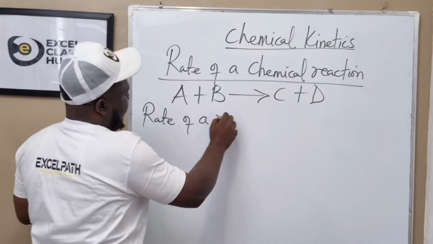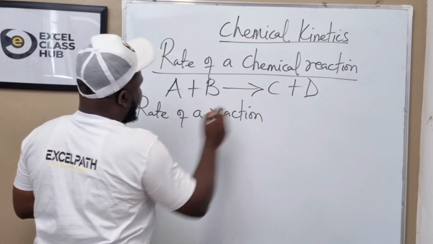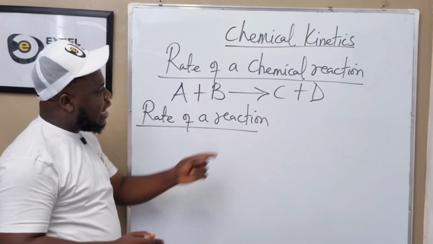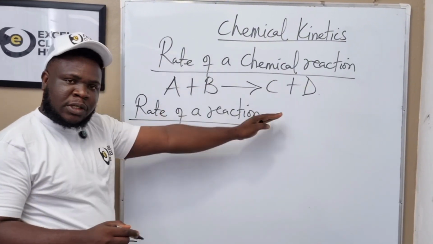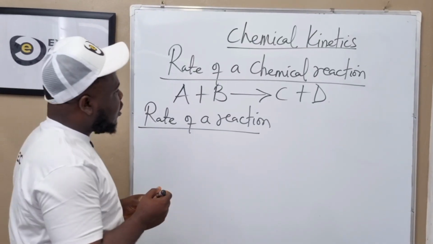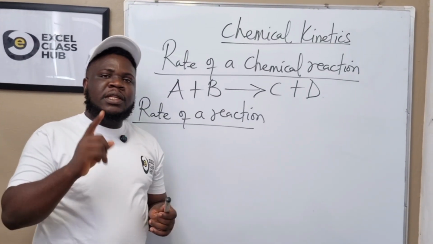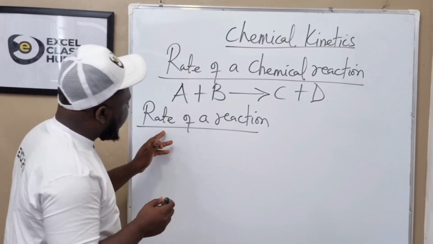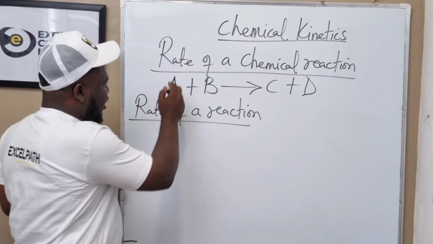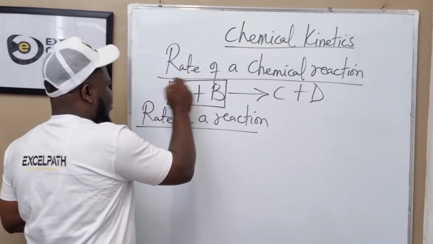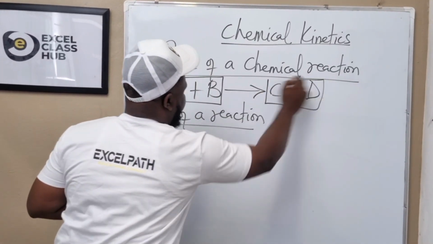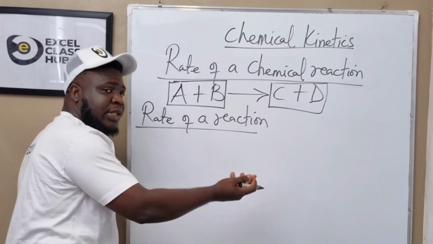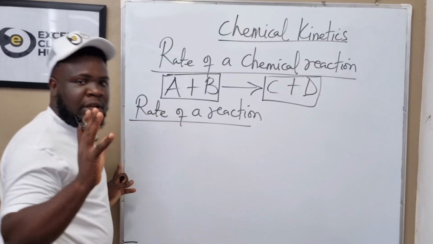So now, what do we then call rate of a chemical reaction? Rate of a reaction is the change in the concentration of either the reactant or the product with time. Recall that I mentioned that for us to call something a rate, time must be involved. So when the concentration of either the reactant or product is changing with time, we describe that as the rate of a chemical reaction.